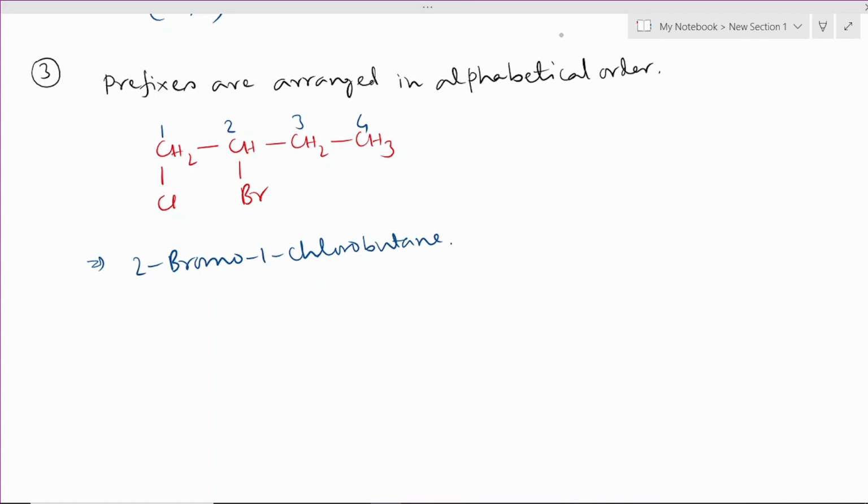As the carbon chain contains 4 carbon atoms, it is butane. And we can see that here two prefixes are there. One is bromo and the other is chloro. And if we arrange them in alphabetical order, then bromo will precede chloro. So this name is the correct name.